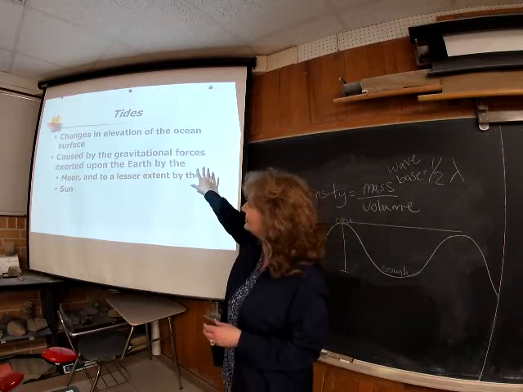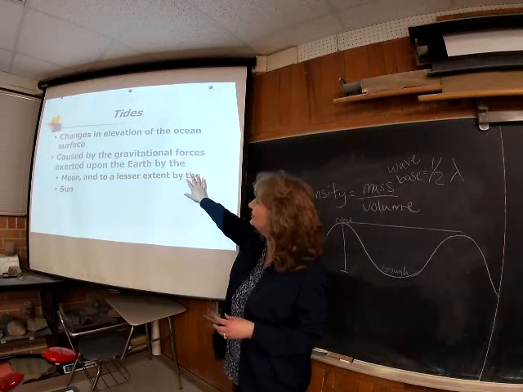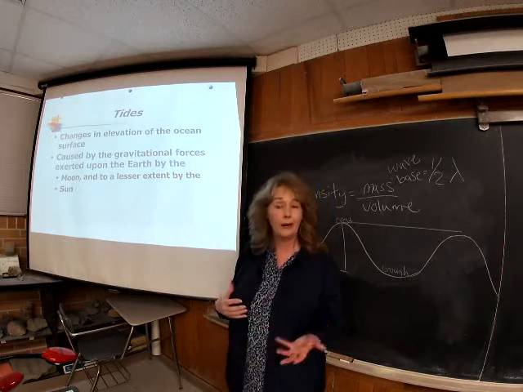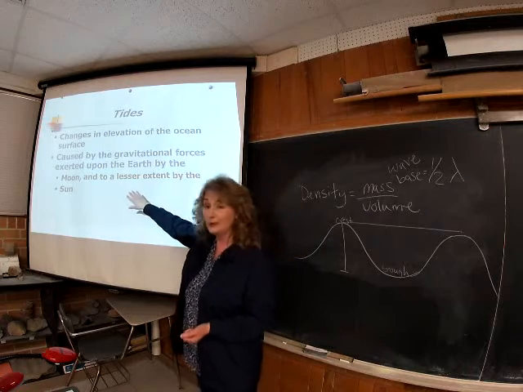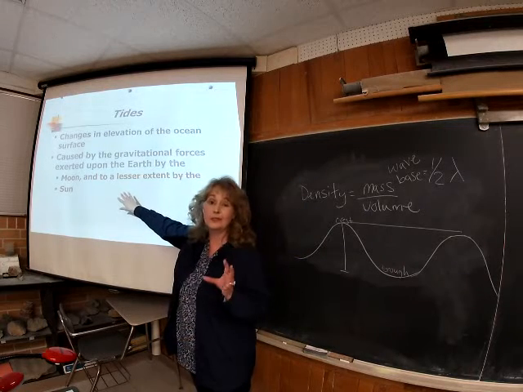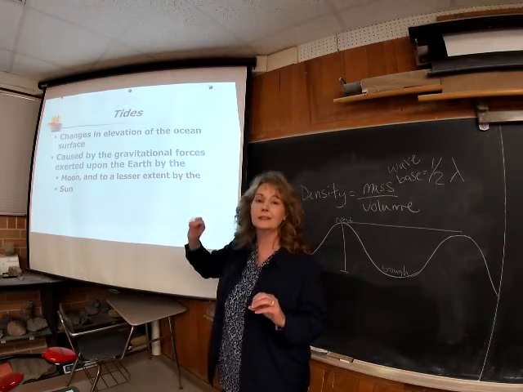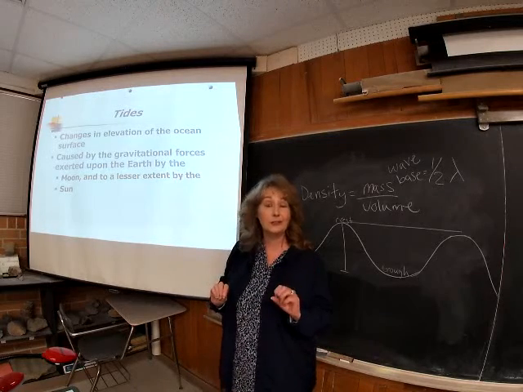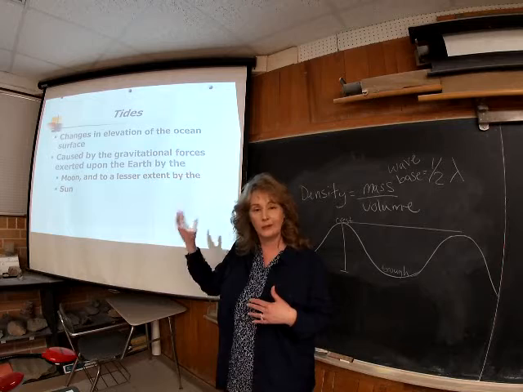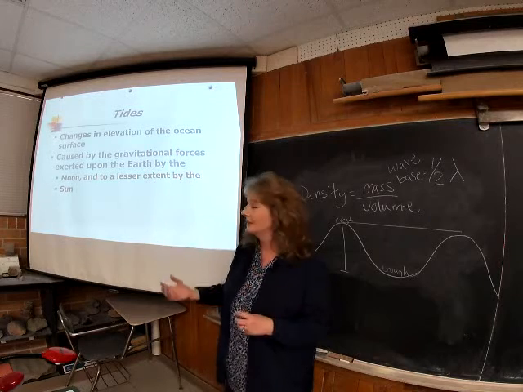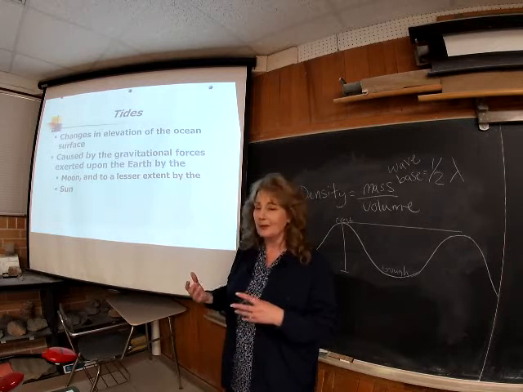This is caused by the gravitational forces exerted upon the Earth by both the moon, mainly because the moon is closest in distance to us, and the sun, but the sun to a lesser extent because it's really far away, 93 million miles, right?